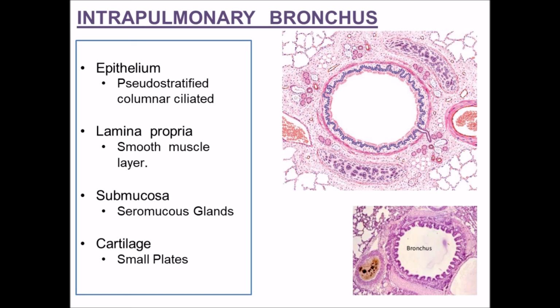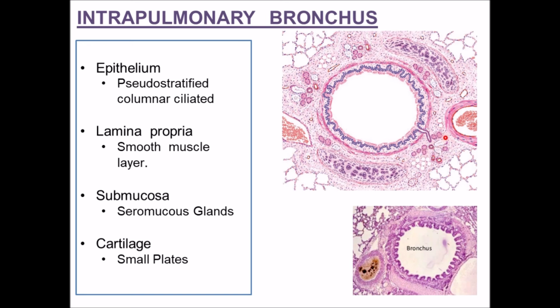Deeper to the lining epithelium is the lamina propria. In the lamina propria, the smooth muscle cells form one layer, and this smooth muscle layer separates the lamina propria from the submucosa. The submucosal layer is occupied by the seromucous glands.